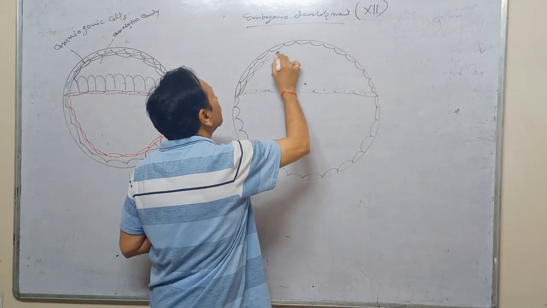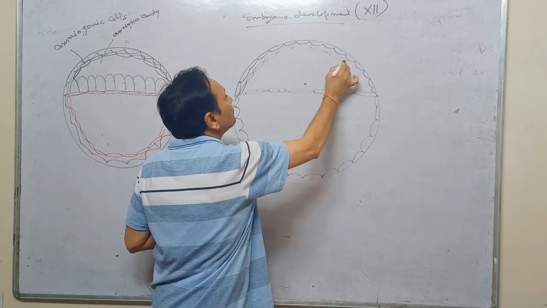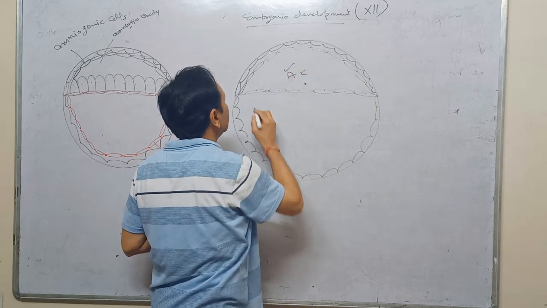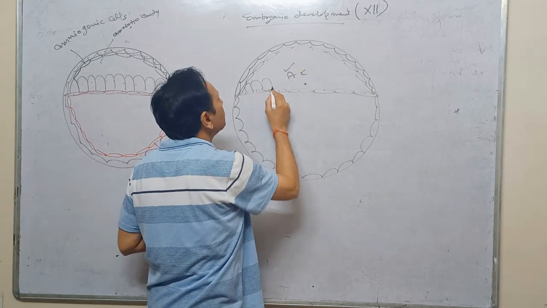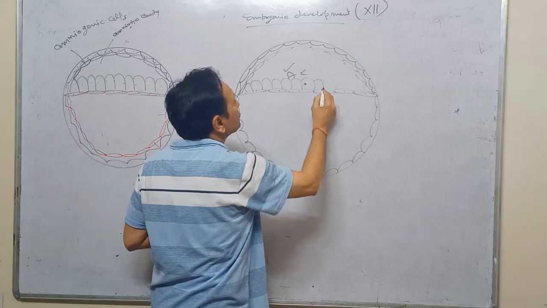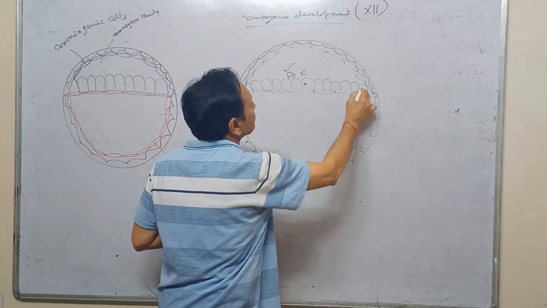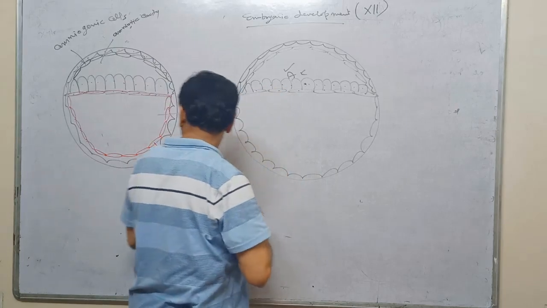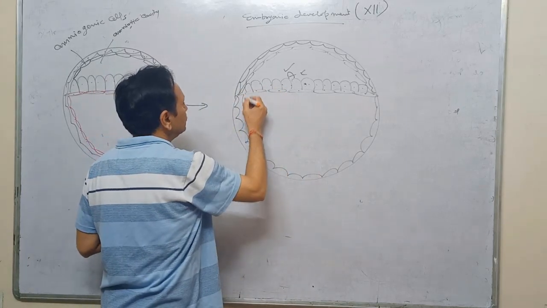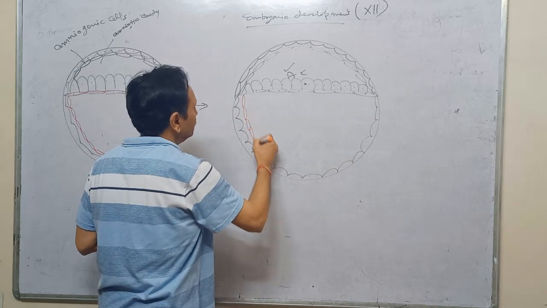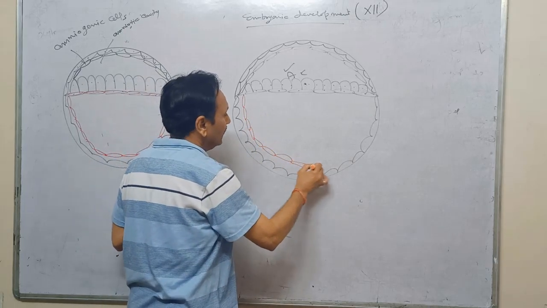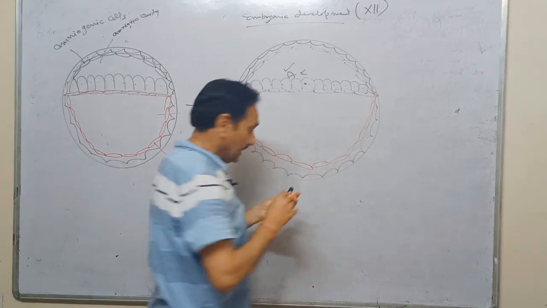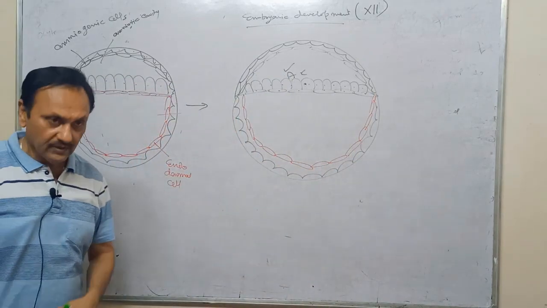This is the amniotic layer, this is the amniotic cavity, and this is the epiblast. And these endoderms are also being developed to form the primary yolk sac. And what is the next change, the second change we have discussed?